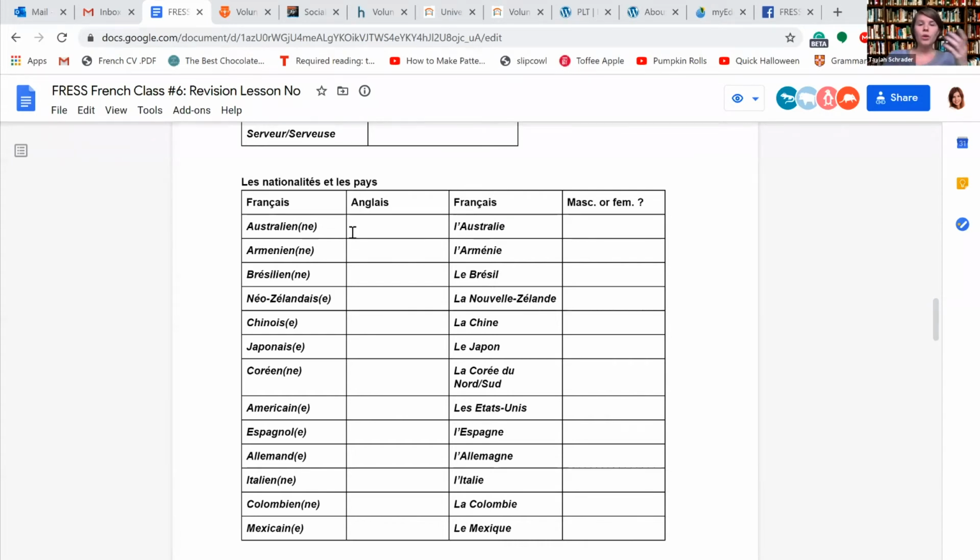So, Australian, Armenian, Brazilian. This one's an interesting one because if you look across to the country, La Nouvelle-Zélande, but then they say Néo-Zélandais, that's when people get a bit confused. Why does it go from masculine or feminine to masculine? Again, it usually comes down to how it sounds. It doesn't sound as good to say Nouvelle-Zélandaise, so they say Néo-Zélandais. That's about it.